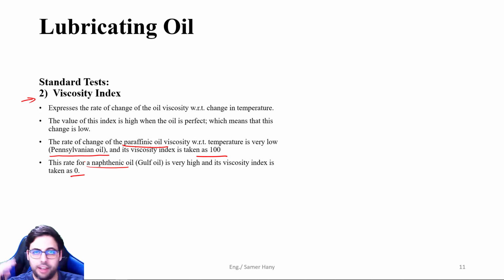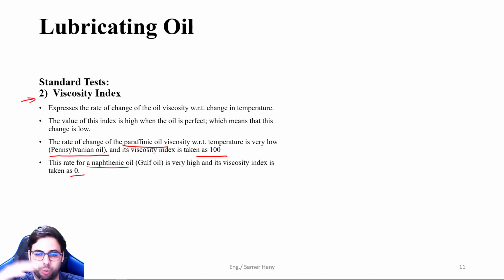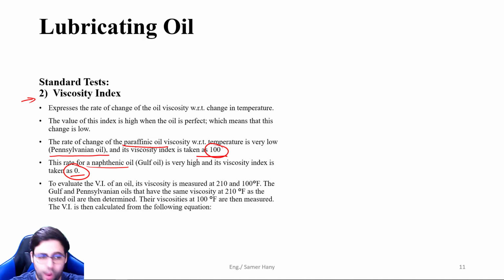And any sample of oil will be in between those two, and we'll measure it relative to those two to know how much percent of quality that oil has relative to the 0% and to the 100%.